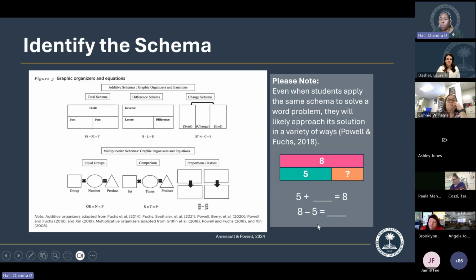Another person may want to subtract, and so they would count backwards. You don't want to put the child in a box in terms of what they're going to use to solve it, because you might have a student that just wants to get the manipulatives out and solve it that way, or another student might want to use a number line. So just be cautious about how you approach the solving part of it after you've identified the schema.